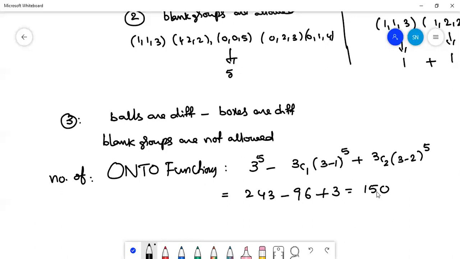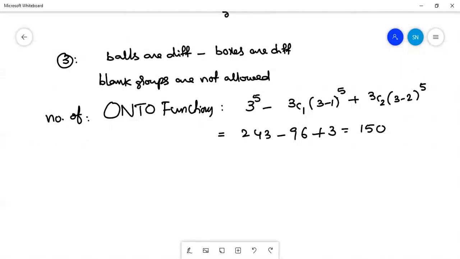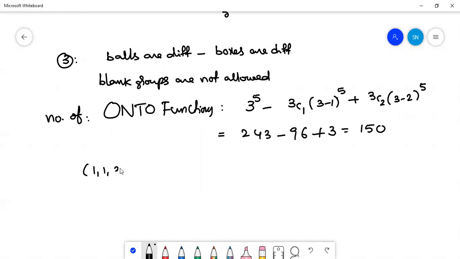Okay. So as for a last application, since it is a small number, if you want to calculate these cases manually, that is also interesting, so that you can get a better understanding of the difference between the cases. 1, 1, 3 and 1, 2, 2.